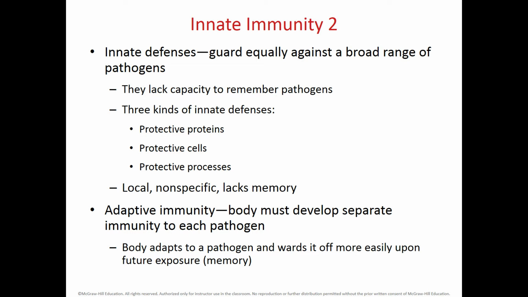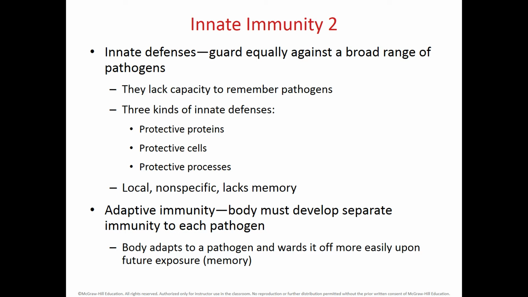Now, within these innate defenses, we have protective proteins, protective cells, and protective processes. So the other name for innate defense will be non-specific, local, and it doesn't have memory.